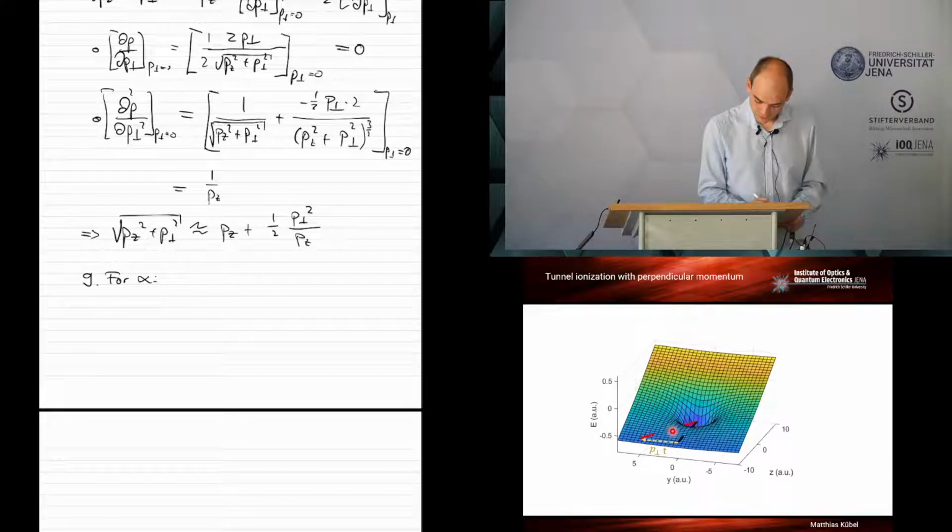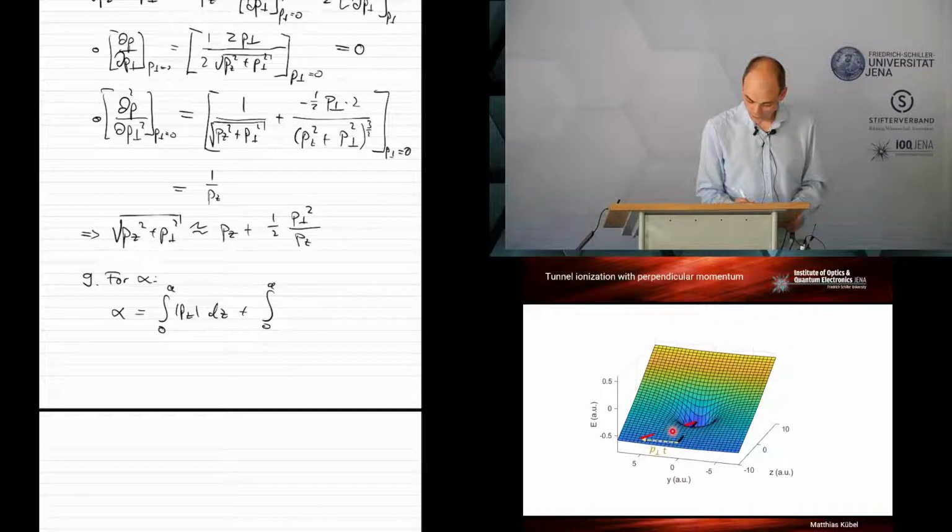We have alpha equals this first integral here, the one that we solved before, and now the one that we have to solve, 1 over 2, modulus of p perpendicular squared over pz dz.